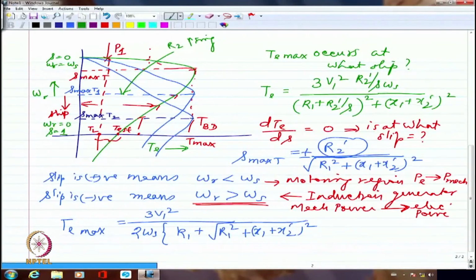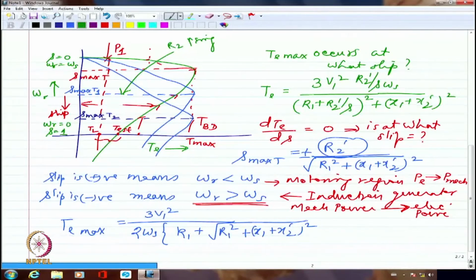Either way is fine. If I am able to increase R2, maybe like in a slip ring induction motor, which I cannot do in a squirrel cage induction motor. I just cannot do that in a squirrel cage induction motor. I can modify the resistance characteristics of the rotor by including an external resistance only in the case of a slip ring induction motor.